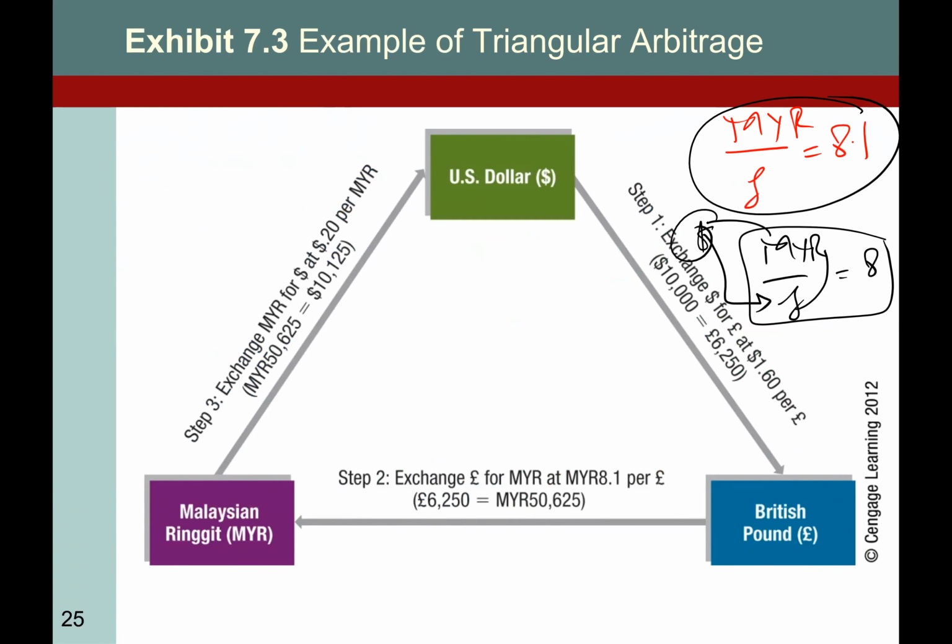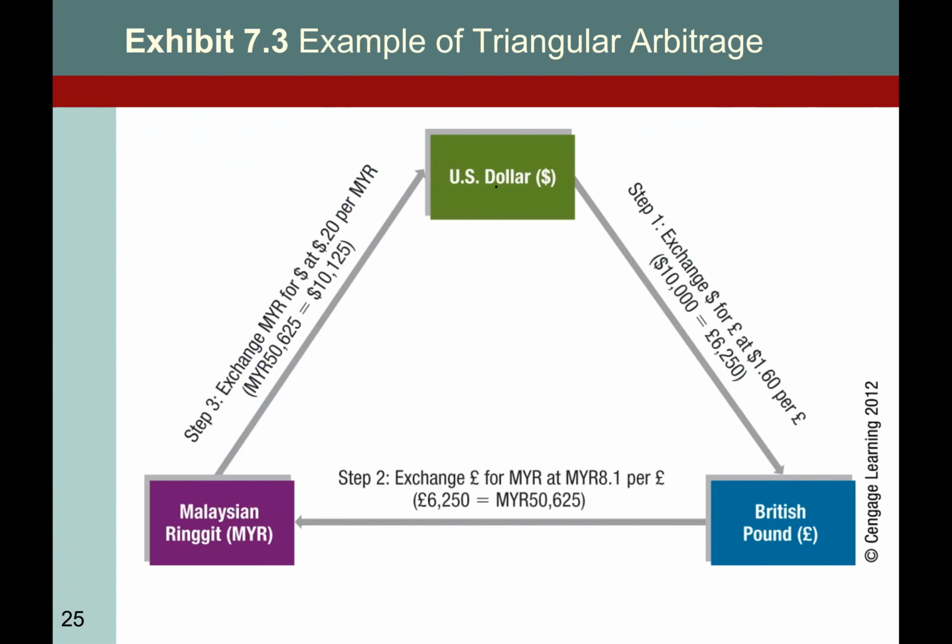Simple, a 3-step process. Number one, you see the triangle here? You have the US dollar. Step one, you exchange the $10,000 and buy pounds.